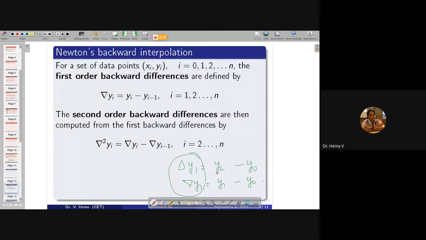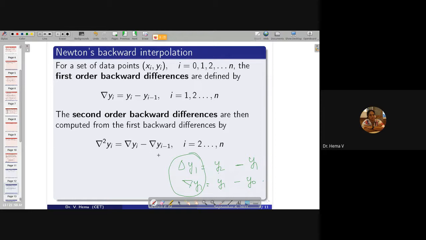For delta you go one step forward and come back. For del, you start from that point and go back: y1 minus y0.